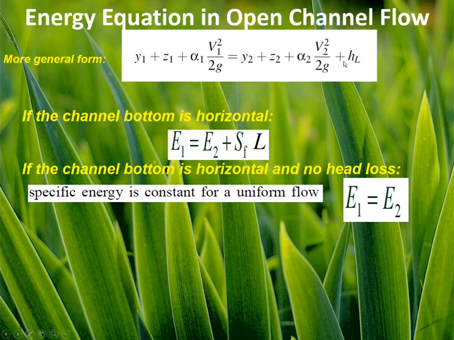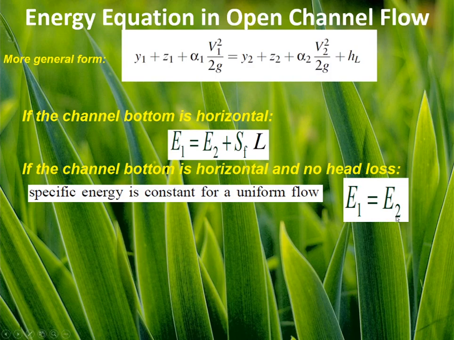No head loss means friction slope equals bed slope, or in other words, it is the definition of uniform flow. Therefore, when we have uniform flow, the energy equation in open channel flow is nothing other than E1 equals E2, or specific energy is constant along the channel. For the case of uniform flow, specific energy is constant.